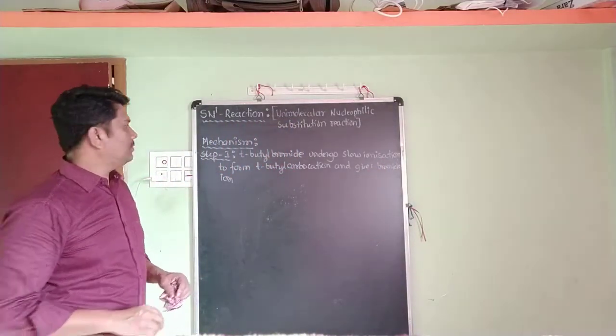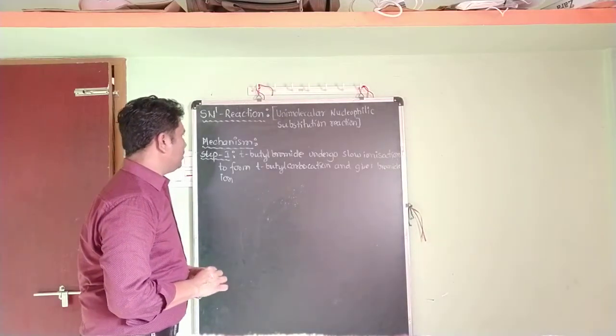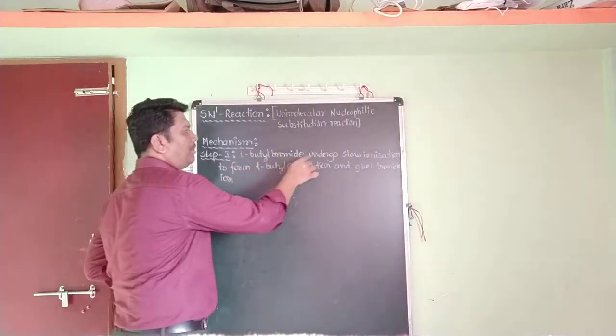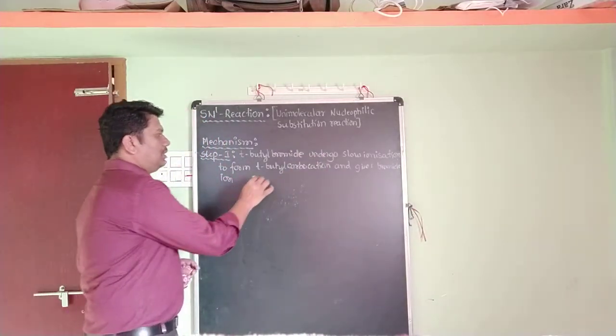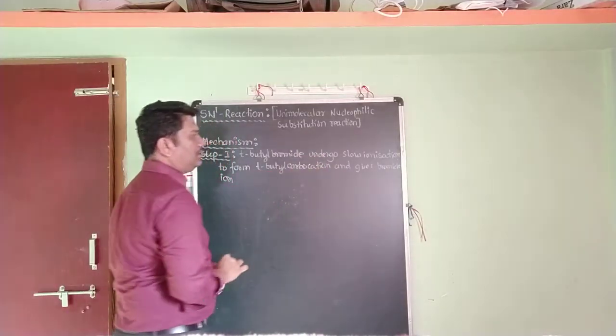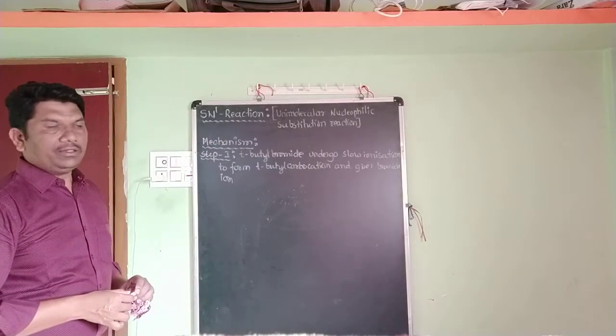This is the first step in the mechanism of the SN1 reaction. Tertiary butyl bromide undergoes slow ionization to form tertiary butyl carbocation and gives bromide ion.